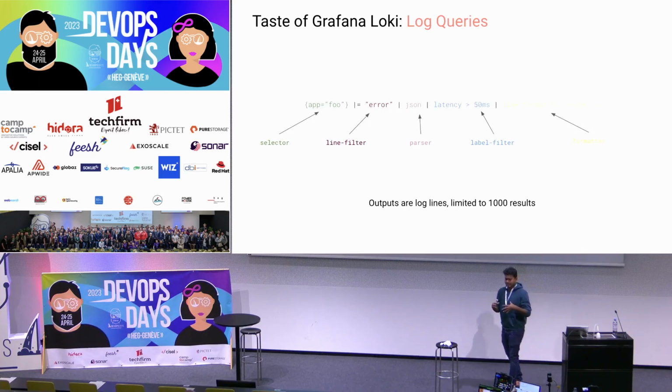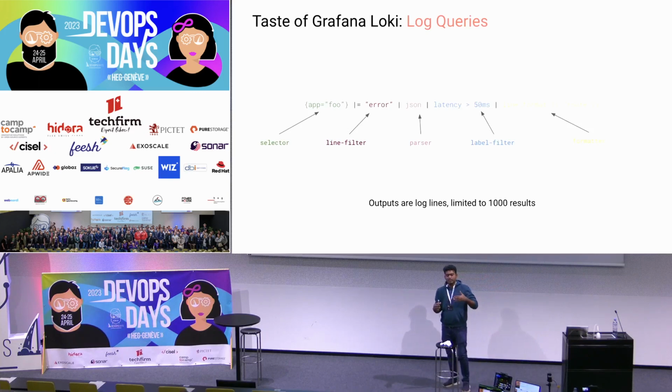Here, the key value pairs, which are labels, are more like topological information, where we can locate your logs. How do you locate your logs? It can be from this cluster, this namespace, this instance, this app, or this container. All that topological information is mainly put into these labels, which we call the selector.